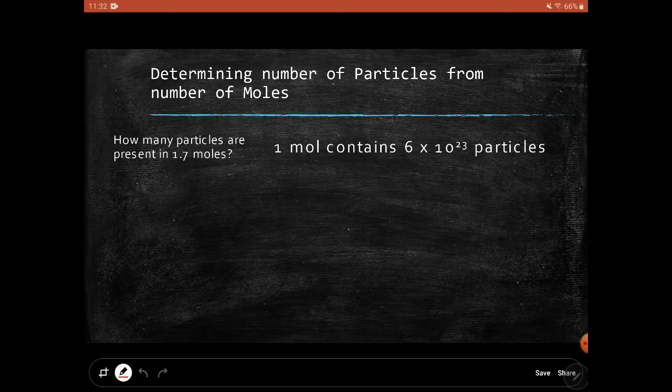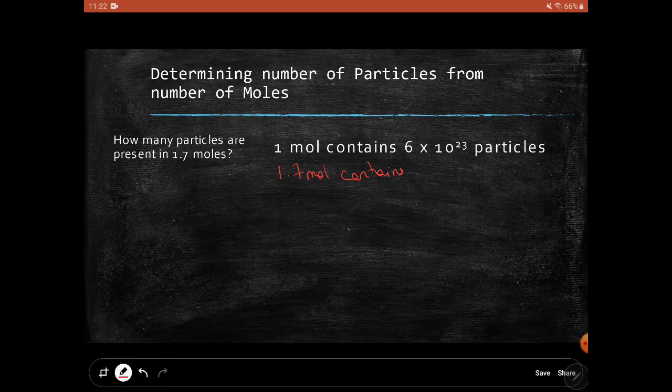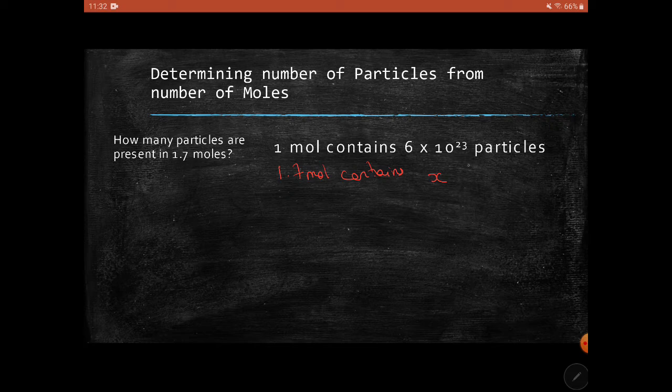Again, we'd start with our statement. 1 mole contains 6 times 10 to the 23 particles. But this time we do know how many moles we have. 1.7 mole contains, and this time our unknown is a number of particles. So our x would go here, contains x particles.